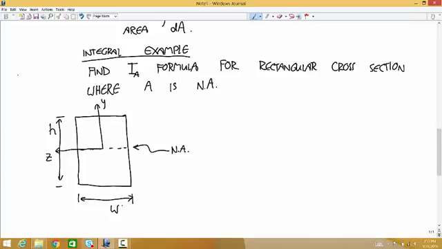And to do the integral, we're going to break it up into slivers like this. So this is an infinitesimal area with a thickness dy and a height of y.